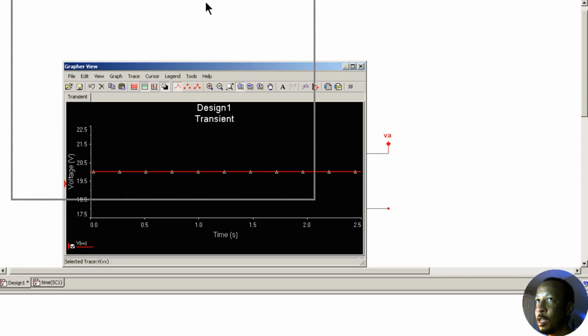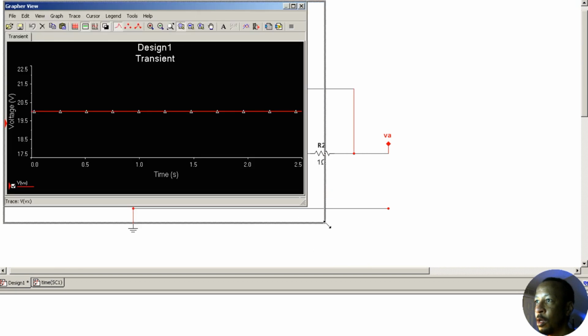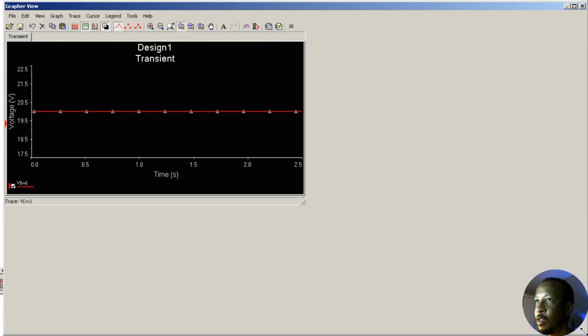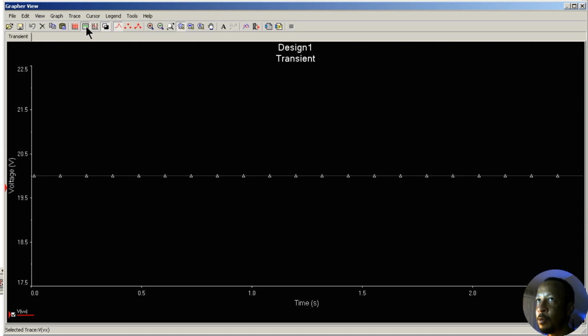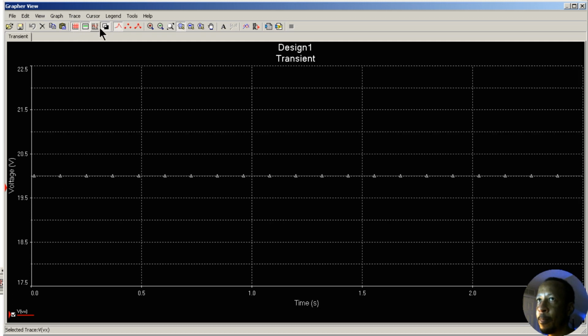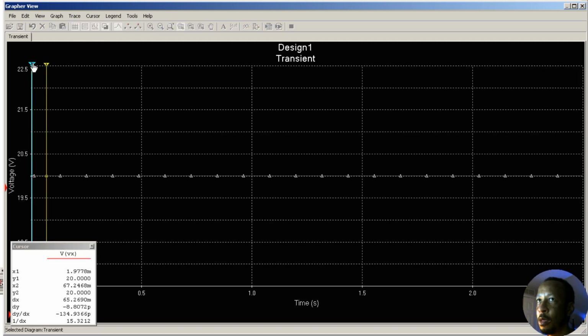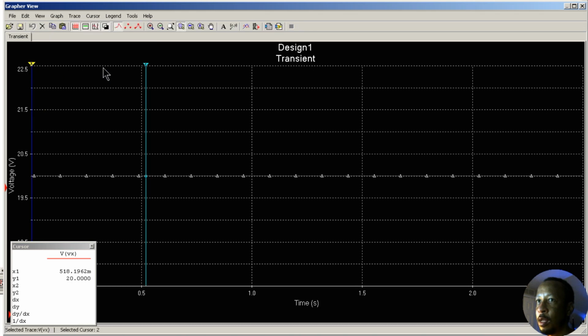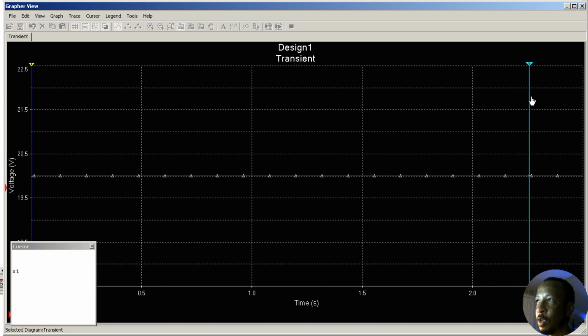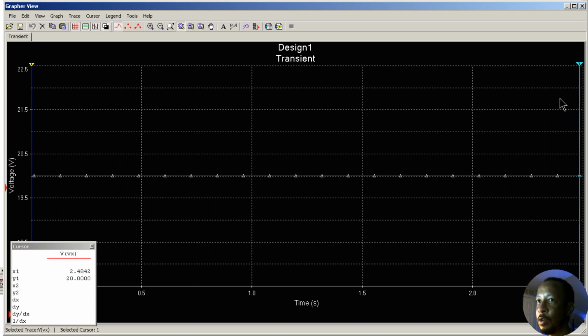This is what I get, and according to that, that's absolutely true. Vx starts at 20 and remains at 20 throughout this analysis. So that checks out good.